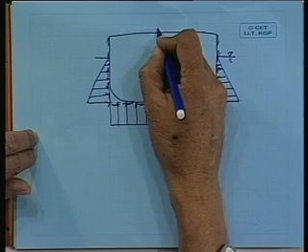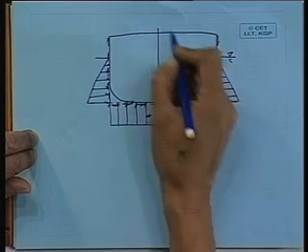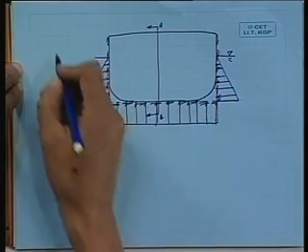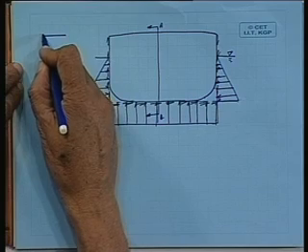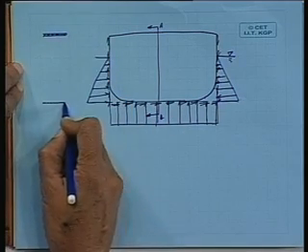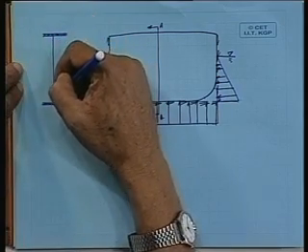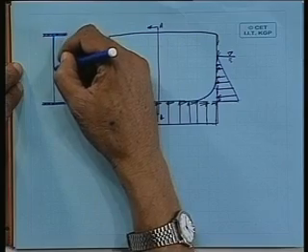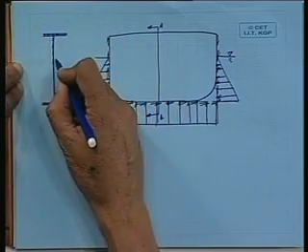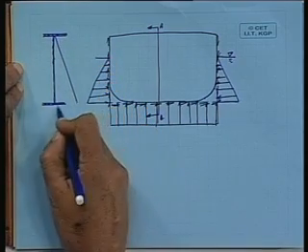Then let us take a section somewhere here. Draw the plate. This is the bulkhead plating, and then the hydrostatic loading in flooding condition will go right up to the top.